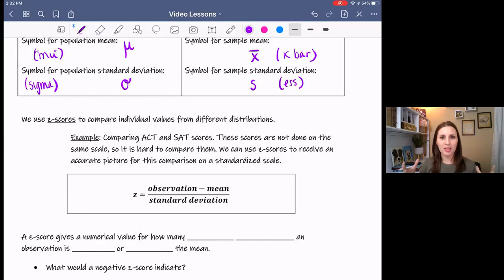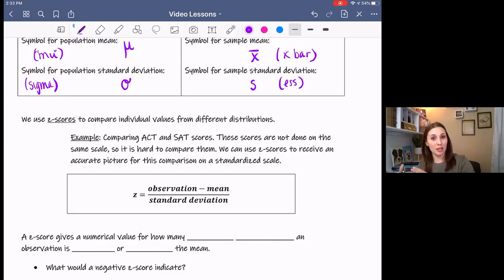So we can standardize those variables and put them on a scale that we can look at them and compare them to a population mean. So if we take those scores, we take 32 as an ACT score, and we compare it to the population mean by using z-scores, we can see how far above or below the mean it is.